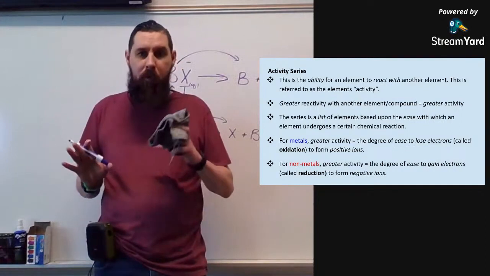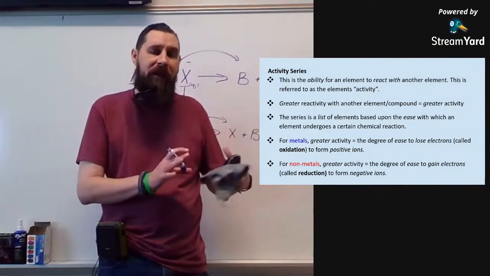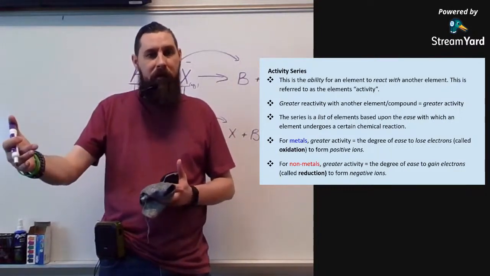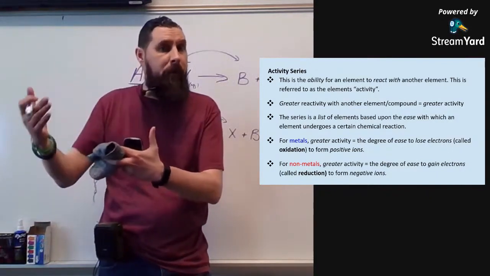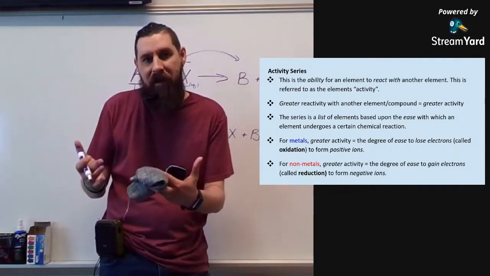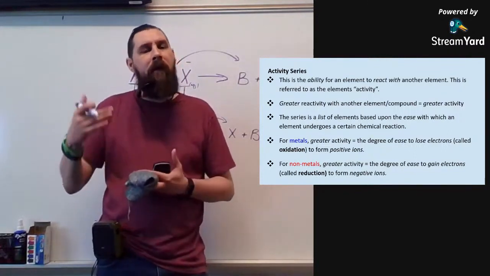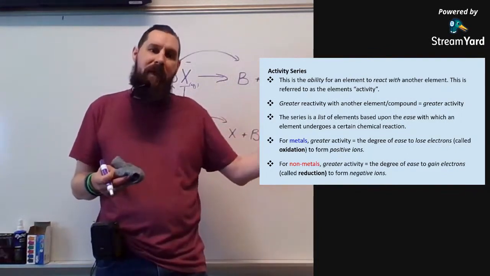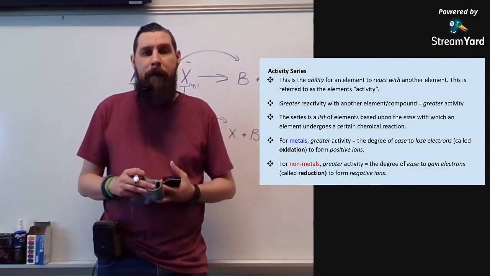And when it comes to metals, we base their reactivity and therefore activity on their ability to lose electrons. Well, their ability to lose electrons, or the energy required to remove electrons, that's ionization energy. So typically, not always, but typically, the lower the ionization energy of a metal, the more reactive that metal is, and therefore higher on the activity series.